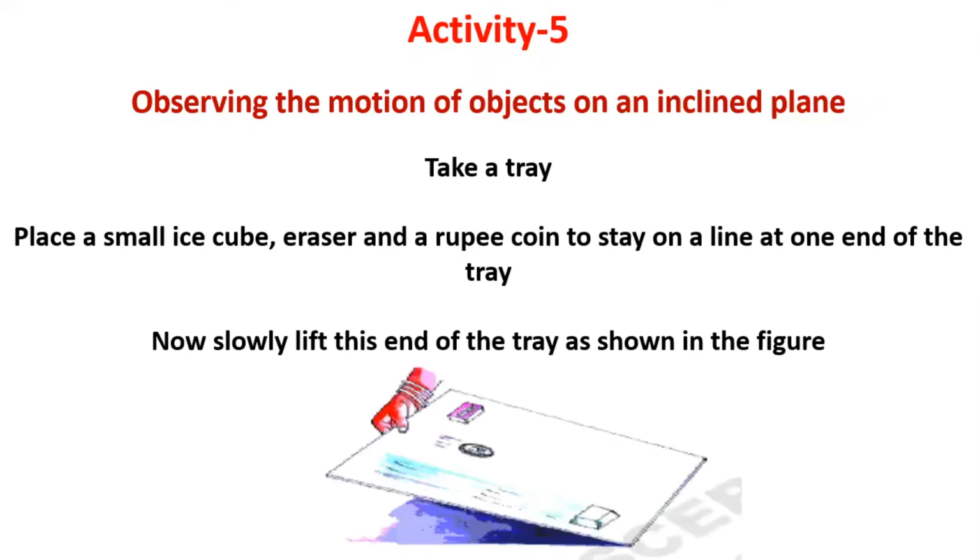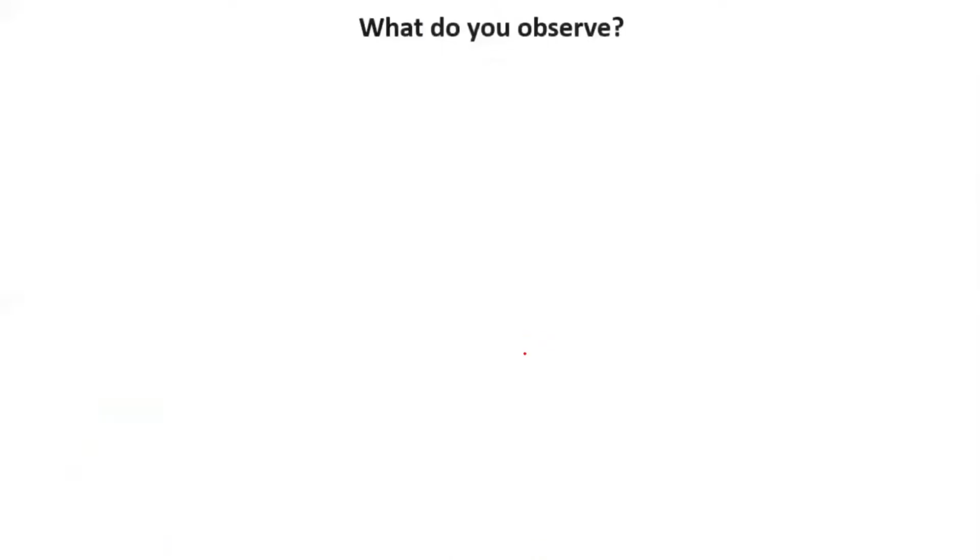If you observe this picture, on a tray we have placed an ice cube, an eraser and a rupee coin on a line at one end of the tray, and after that, we slowly lifted that end of the tray. What happens? What do you observe?